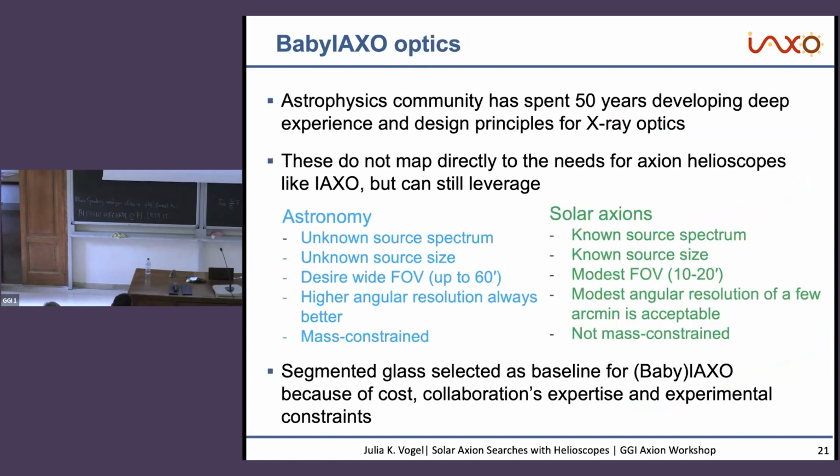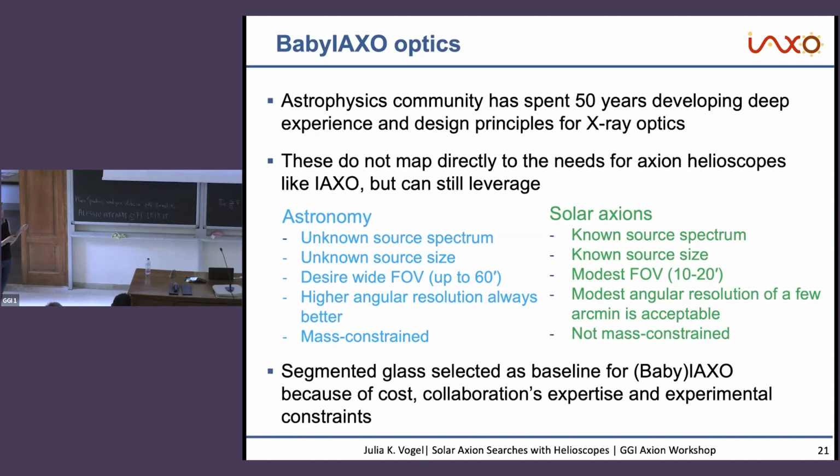Okay, so let me go over to the second piece of IAXO, the optics. The astrophysics community spent the last 50 years developing deep experience as well as the technology and design principles for X-ray optics. The needs from astronomy don't map directly onto axions, but still we can leverage the technology. Just as an example, in astronomy, sometimes we don't know the source spectrum or the source size.